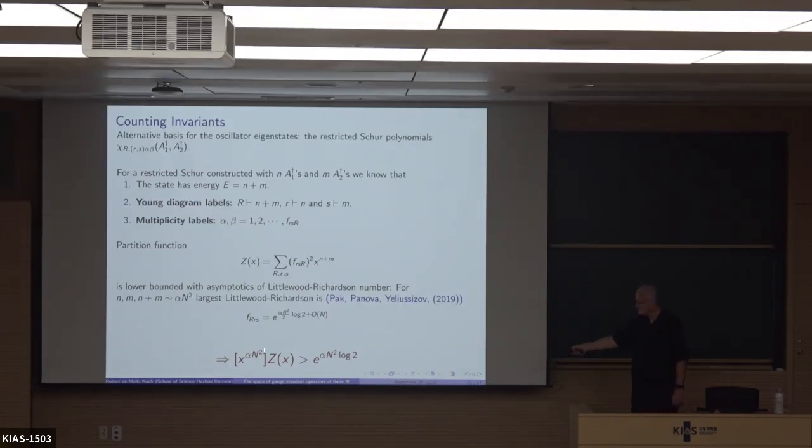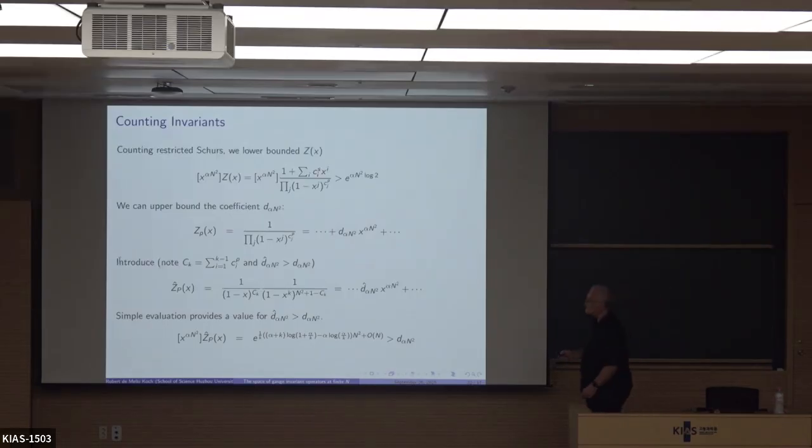So now we've lower bounded the coefficient of x to the alpha n squared in the series expansion of the partition function. But if you remember, the partition function had a numerator coming from the secondaries and a contribution coming from the primaries.